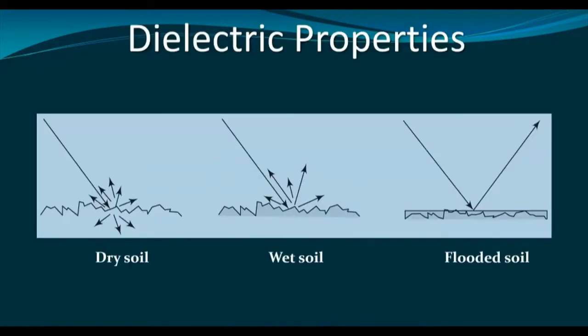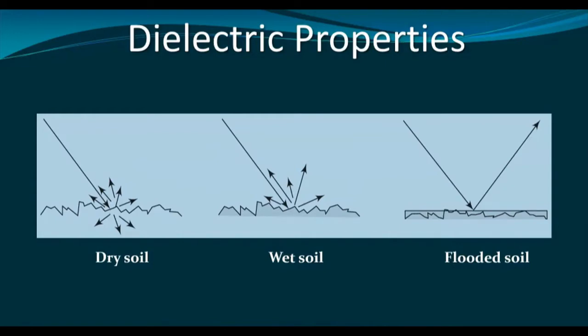Let us see how the soil moisture influences the brightness on the imagery. As you can see, in the first case, we have the dry soil. And this is one important thing you have to keep in your mind, that dry soil allows the microwave energy to penetrate.